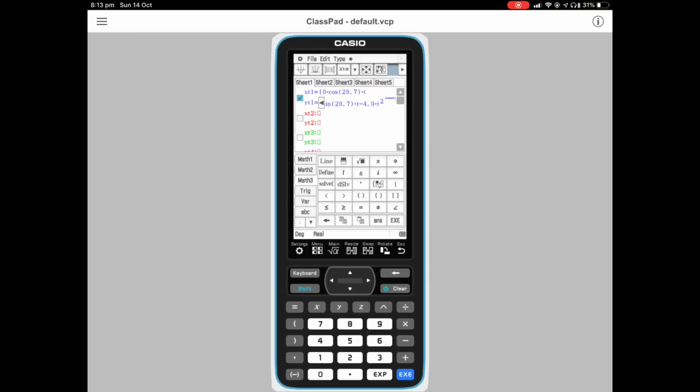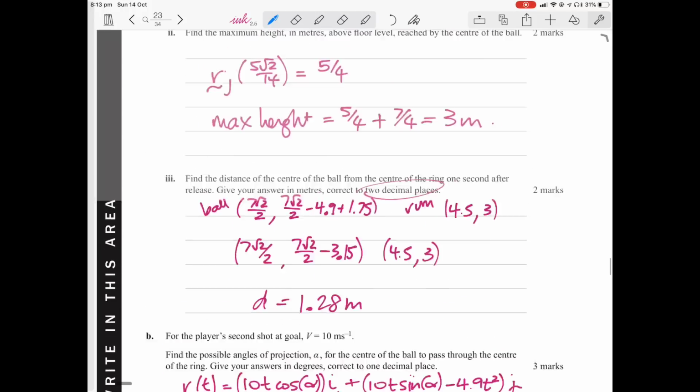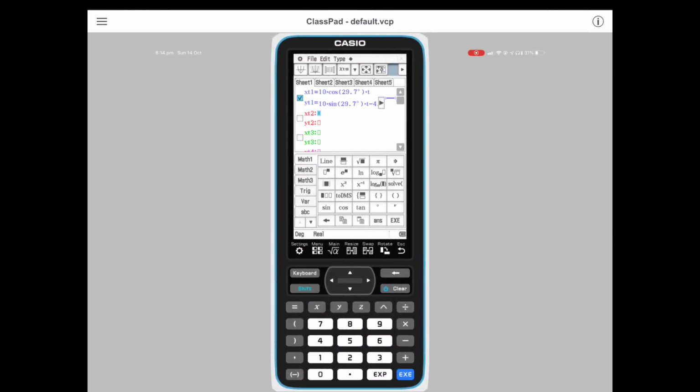Don't think I need to put degrees in there. Cos alpha, sine alpha. I use the right t's. T, t, t squared.